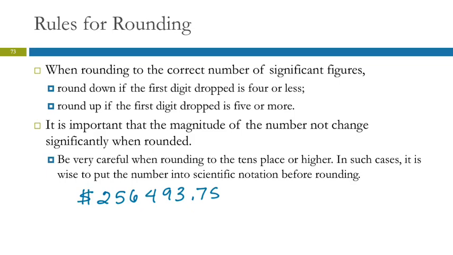Let's say that this is the price on a house for sale. $256,493.75, okay? And we say, well, that's a little ridiculous to go out to the cents, right? Let's round this to the nearest 100. So if we're rounding it to the nearest 100, we're rounding it here. That would be 4 sig figs, right?